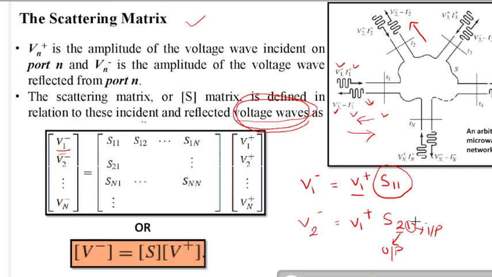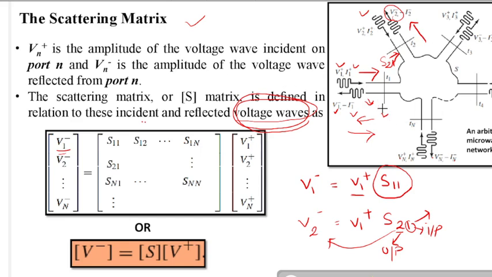That means how much you are applying as V1 plus so that you are getting V2 minus. So how much you are giving as input here as V1, and with relation to S21, it will give you how much V2 minus is available at port 2. That means how much voltage is going out of port 2.